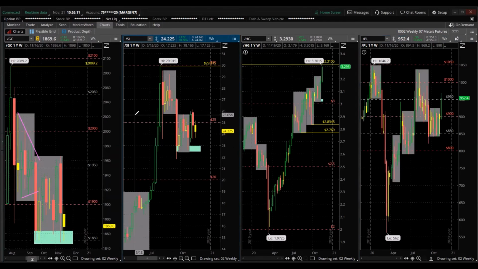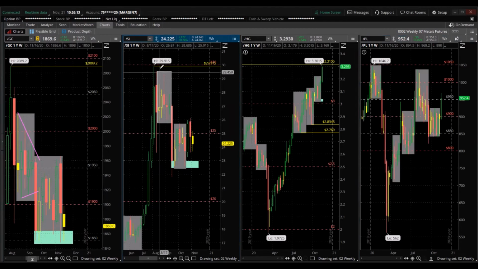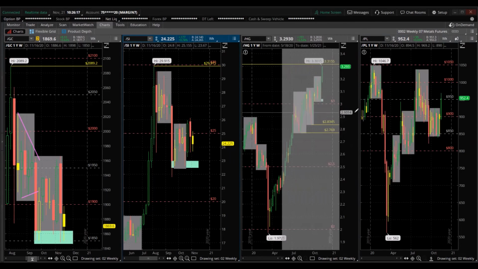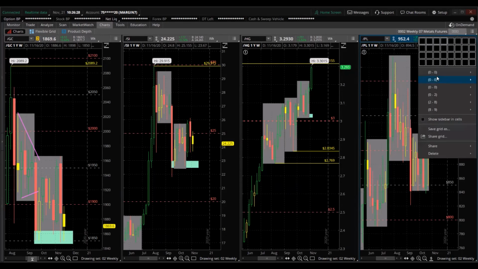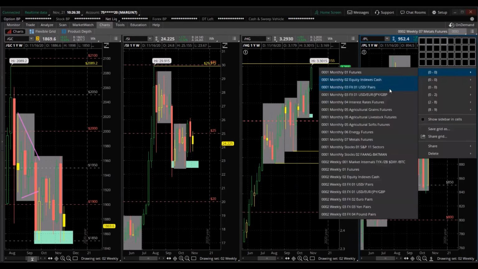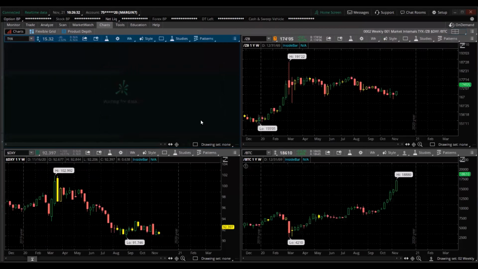Now it's at a demand zone. Silver as well has been trending down. It's inside a consolidation, whereas copper and platinum both broke out of their consolidations to the upside. That's very interesting. Let's follow back up one more. The correlation.